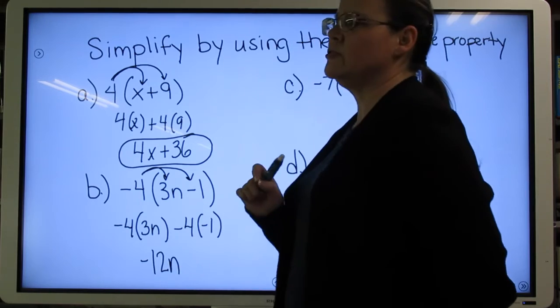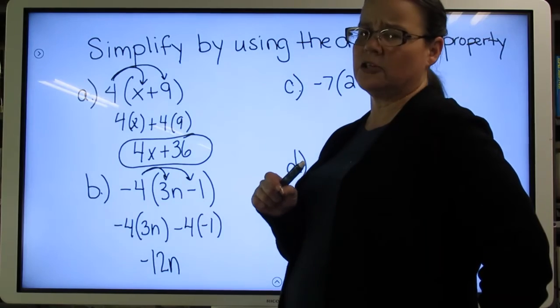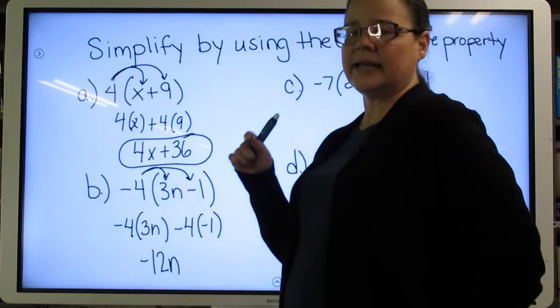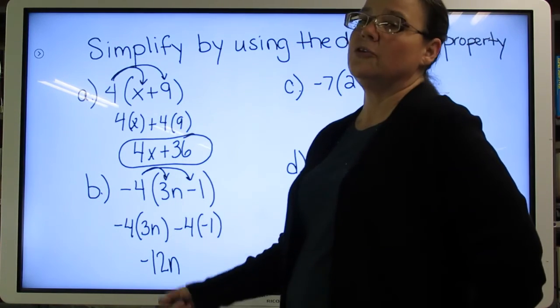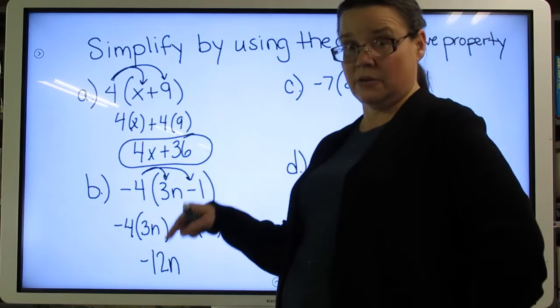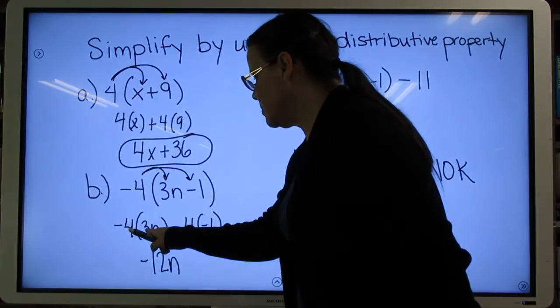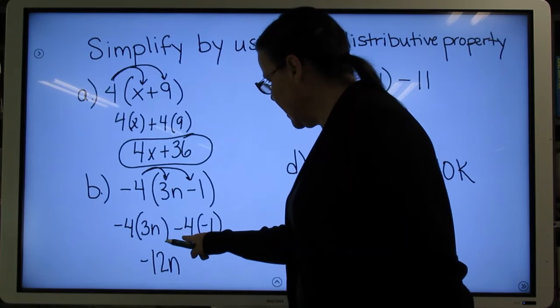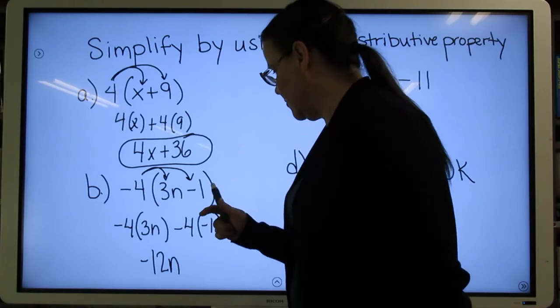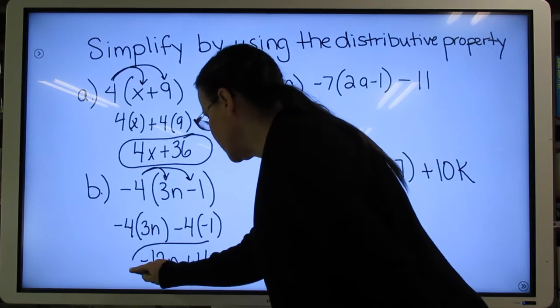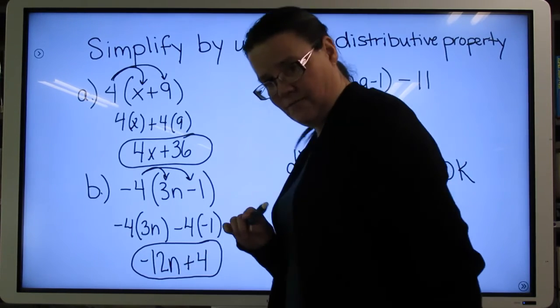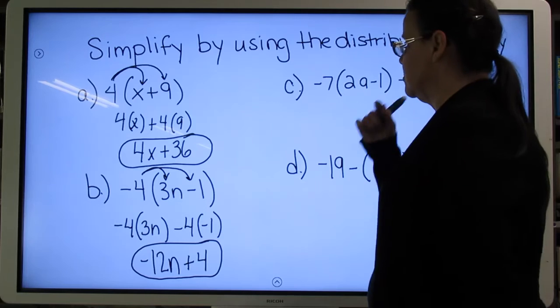At this point, you should know your multiplication for your integers. If you don't understand those and you can't find them in your notes, you can go back to the integer lesson because they're on there. A negative times a positive is a negative, and a negative times a negative is a positive. They're all explained on the integer lesson video on this YouTube channel.